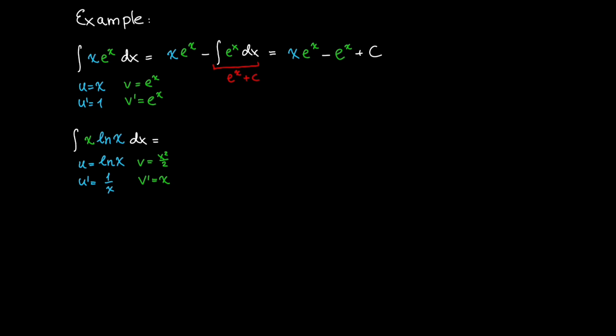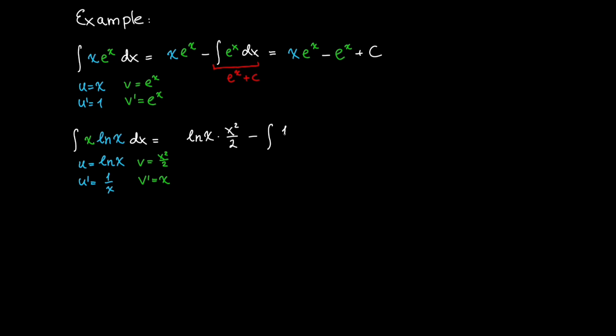Once again, the original integral is going to be equal to original u times original of v. So we write ln of x multiplied by x squared over 2 and subtract the integral of original v and u prime. So in this case, these two things multiply together.